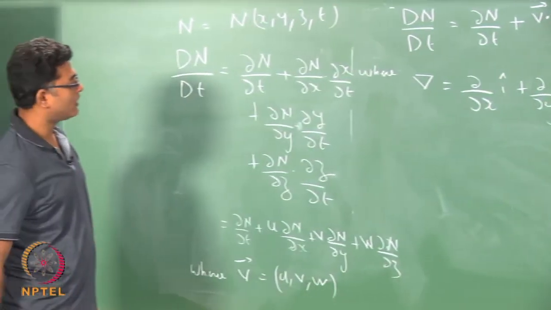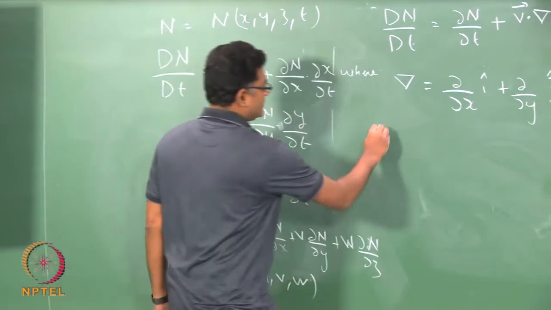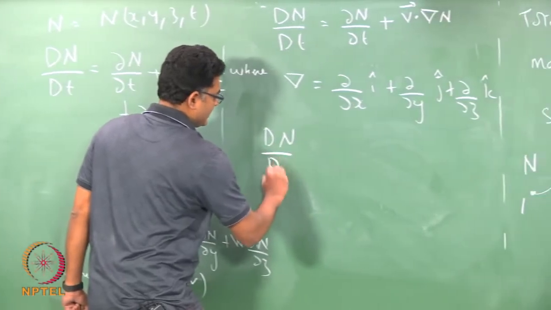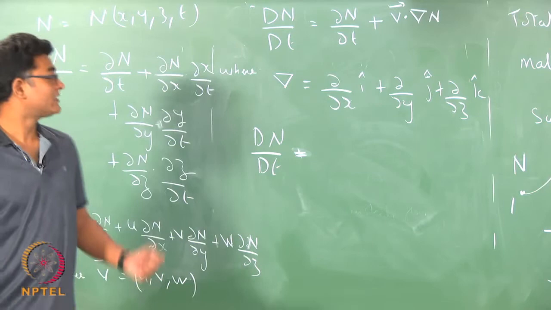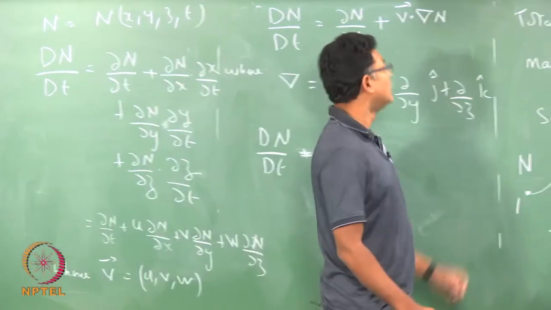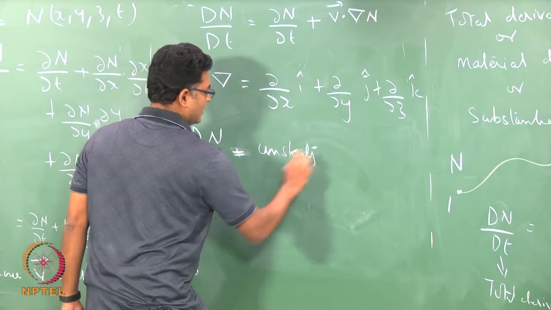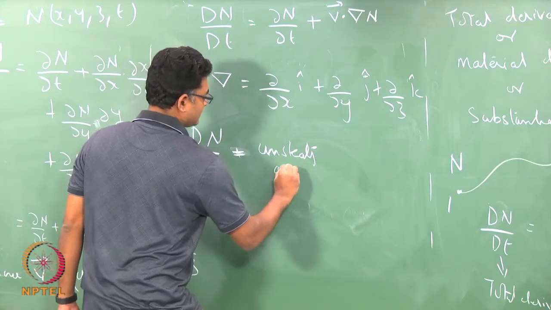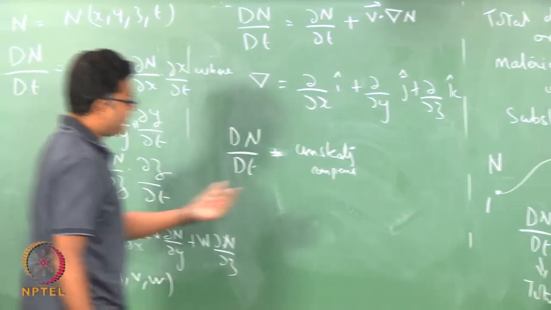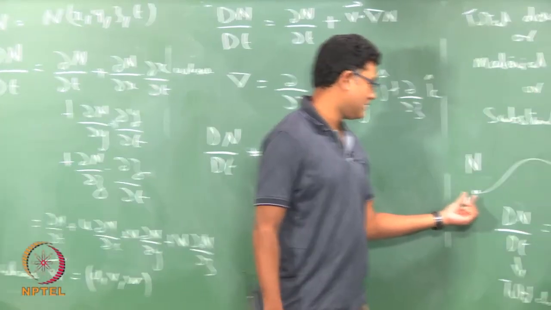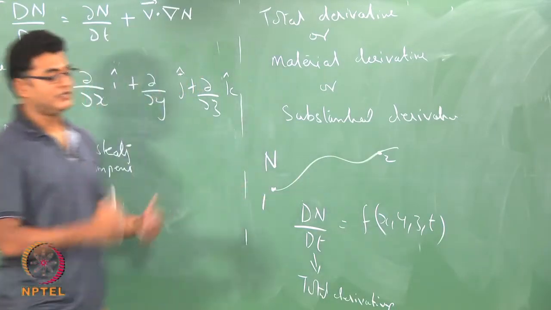Now, let us look at what exactly it means. So, your dn by dt is a combination of two terms. One is the unsteady component, meaning the property that changes from time t to time t plus delta t.